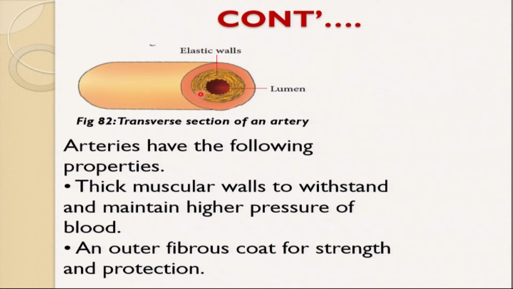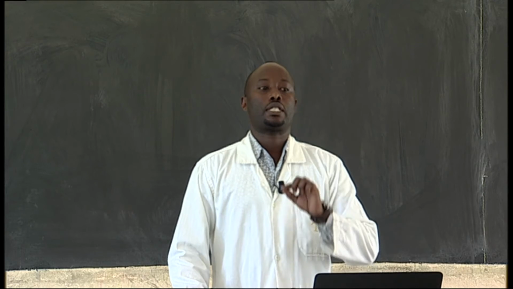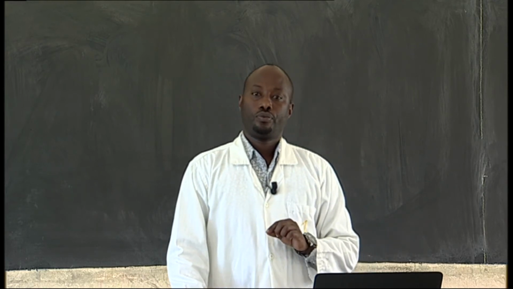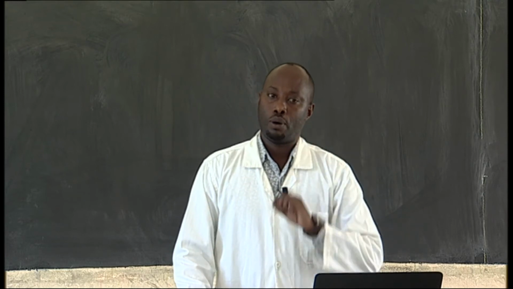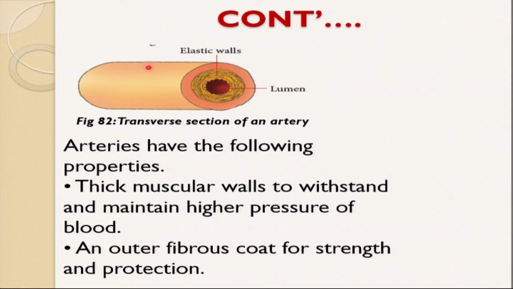As I mentioned earlier, the arteries carry blood away from the heart to different body organs or body parts. One of the properties of arteries is thick muscular walls to withstand and maintain high pressure of blood. That is property number one. It is thick musculature. As you have in the diagram, the upper part is the lumen, where the blood must be passing through.